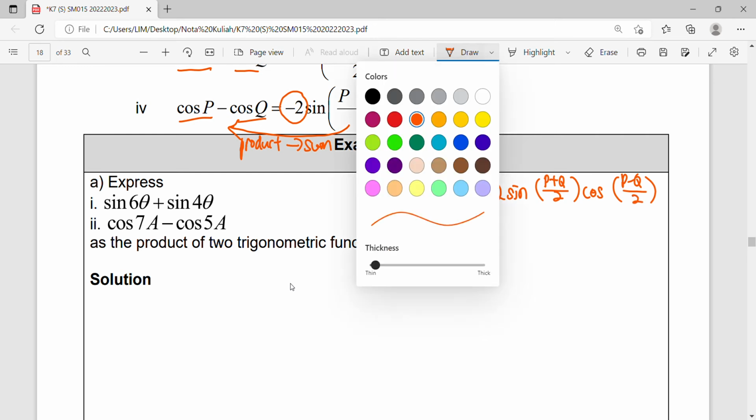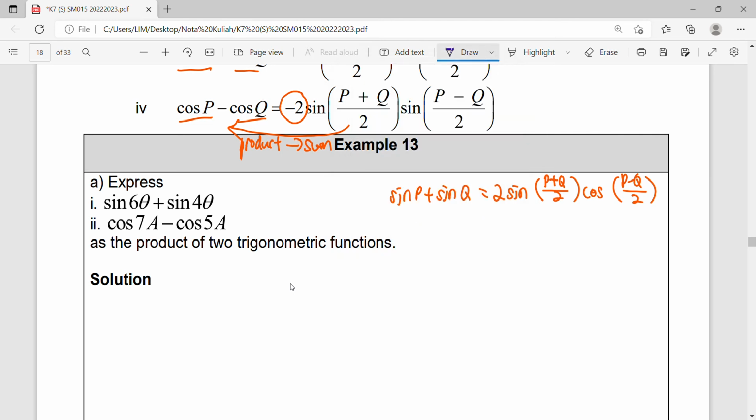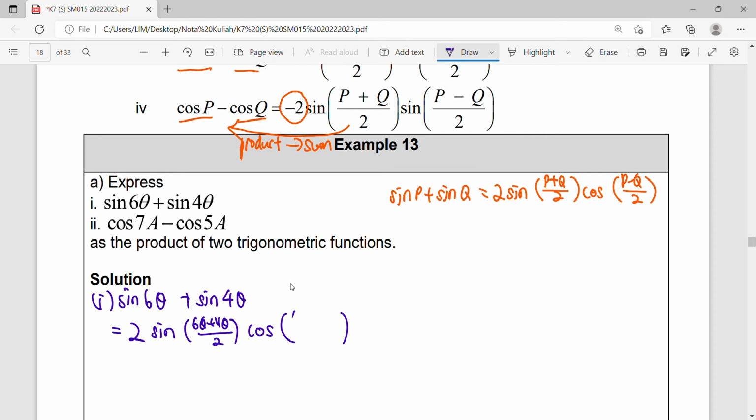Alright, so for our question number 1, sine 6 theta plus sine 4 theta equals 2 sine and cos. The angle that comes first, add up, divide by 2. The angle that comes after that, minus, divide by 2.